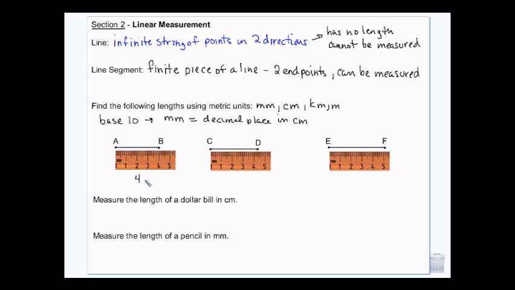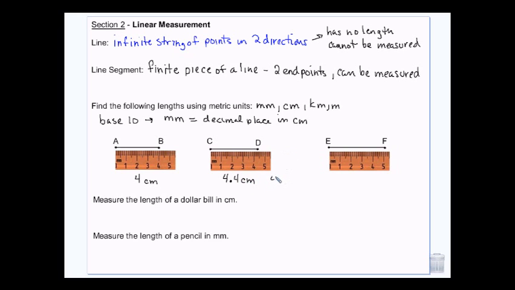So this is 4 centimeters, nice and even. When I come over here, I'm not on a perfect centimeter, but I don't have to deal with fractions because each little line is a tenth. It didn't copy well, but I think that's 0.4, or 4 millimeters. So I can say that's 4.4 centimeters.